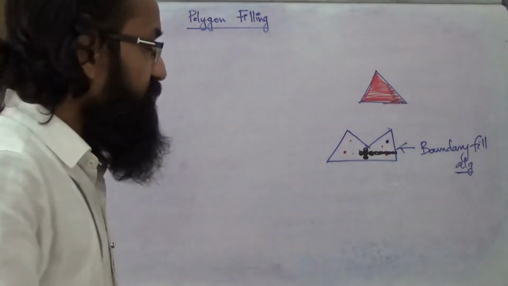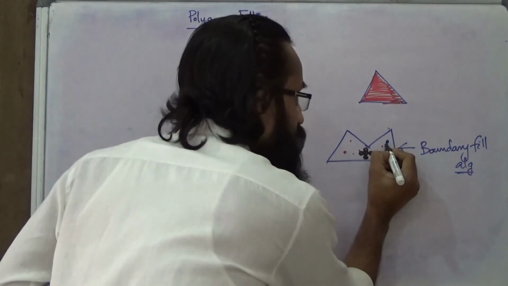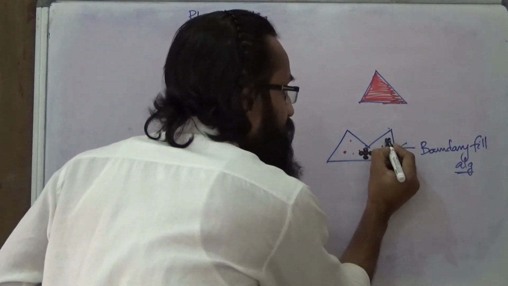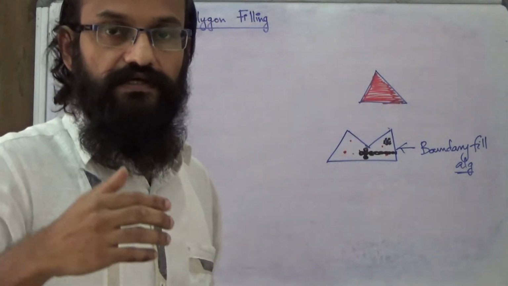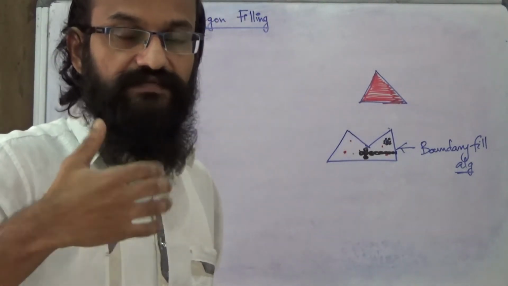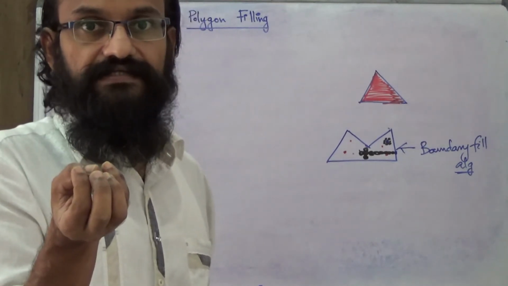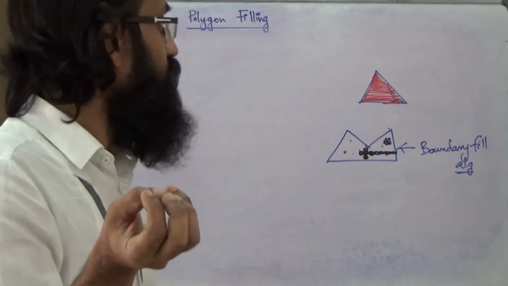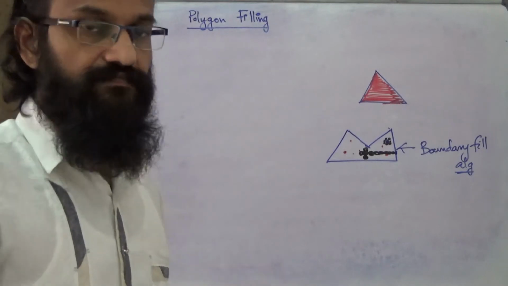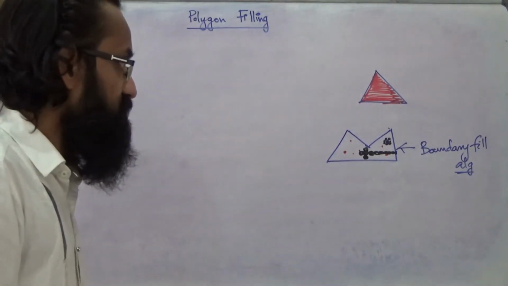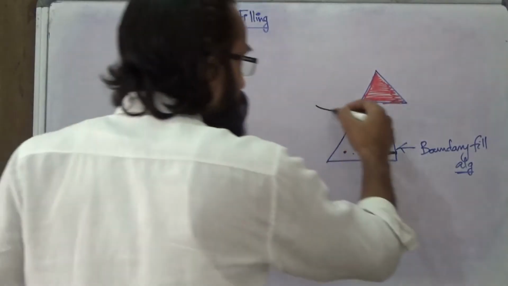In that case, if you want to fill this polygon with black color, this pixel gets ignored. Its adjacent pixels will be filled with black color and that pixel will be ignored, because the terminating condition for this algorithm is whether the current pixel under consideration is of boundary color. So when it reaches boundary color, it will stop recursion there. So it is actually a recursive procedure. Now that is what you meant by boundary fill algorithm.